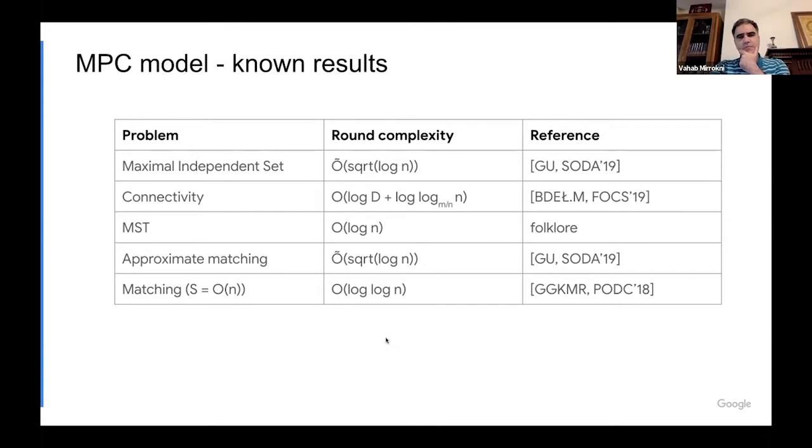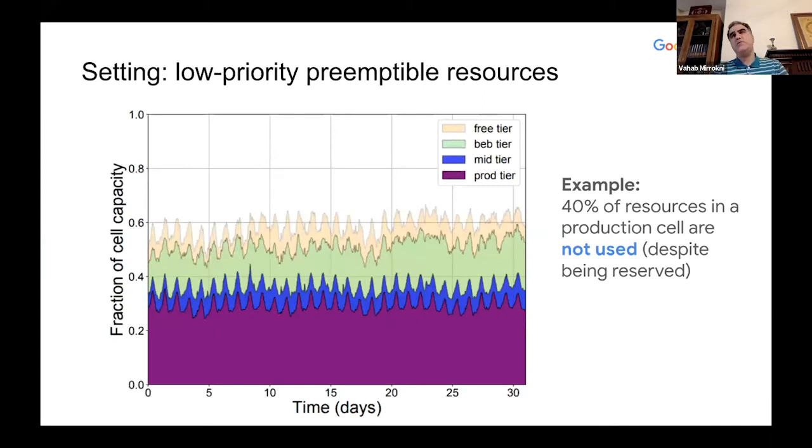Now, one thing to emphasize is that the model is actually appropriate for graph computation, especially in what we call preemptible resource settings, where we want to develop algorithms that achieve good fault tolerance.